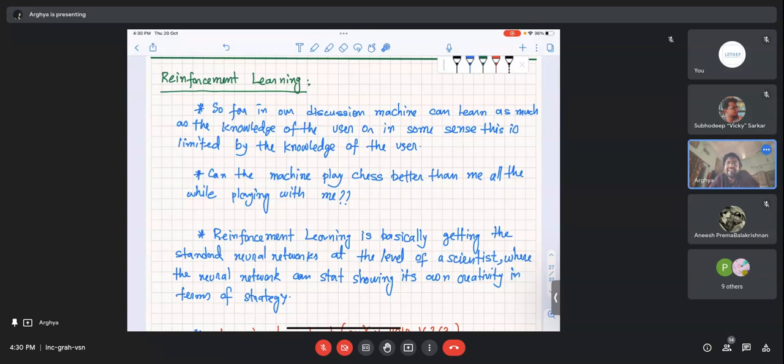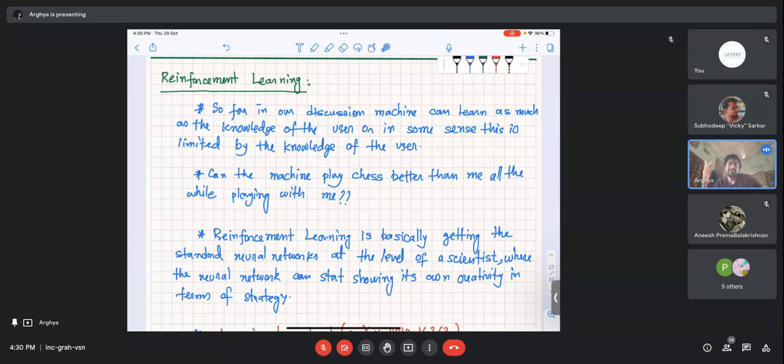For example, say I recorded my chess playings, and then I take those chess moves as training data and feed the network. So the network would learn how I play chess. It cannot surpass me. So it's like a student-teacher relationship.